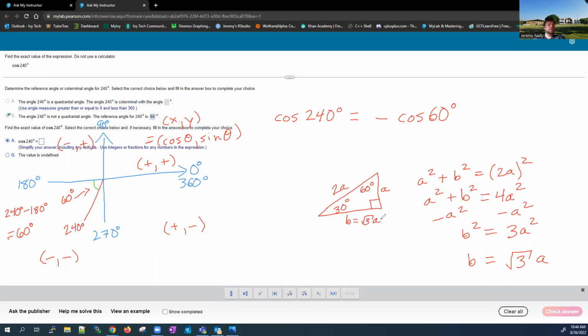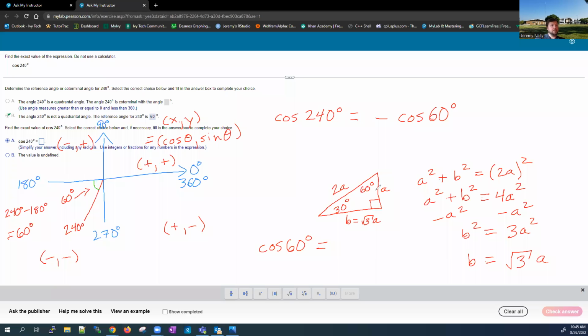All right. So now this is just a generic 30, 60, 90 triangle. The good thing about triangles is that when you do the side ratios for any triangle, no matter what its size, the ratios still work out the same. Foundational aspect of trigonometry. So now when I want to do cosine of 60 degrees, so cosine is adjacent over hypotenuse.